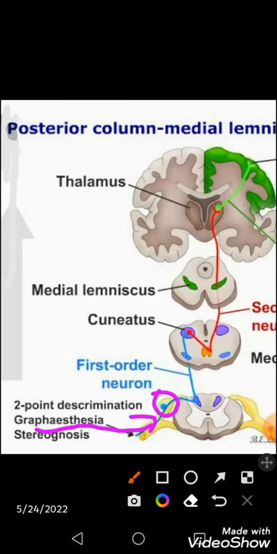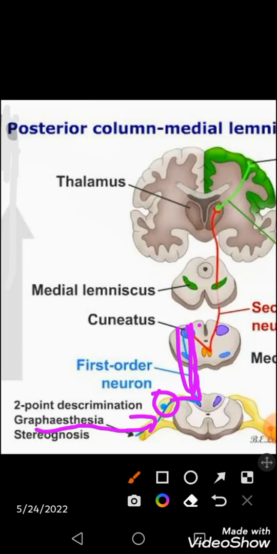And you can observe the fasciculus cuneatus and gracilis, and in their form they run along, carrying the first order neuron, and they reach the nucleus cuneatus laterally, and medially located the nucleus gracilis.